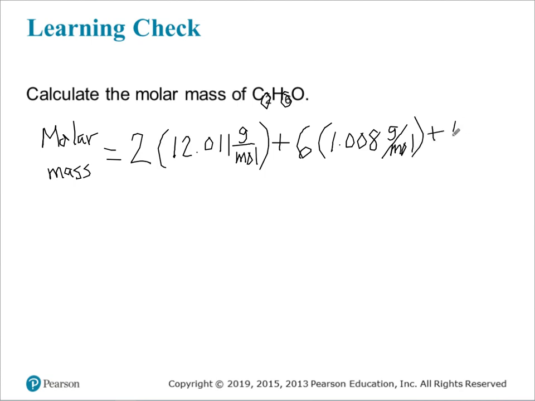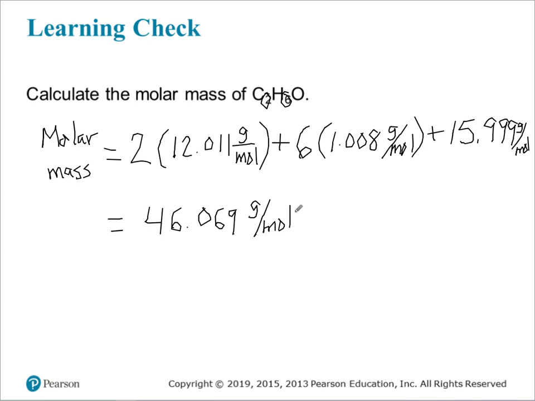And we're going to add to that the molar mass of oxygen. Because there's only 1, we don't really have to do any multiplication there. So you add all of that up, and what you should get is something in the ballpark of 46.069 grams per mole. You cannot do this without your periodic table unless you just happen to know all of the atomic masses of all the elements.